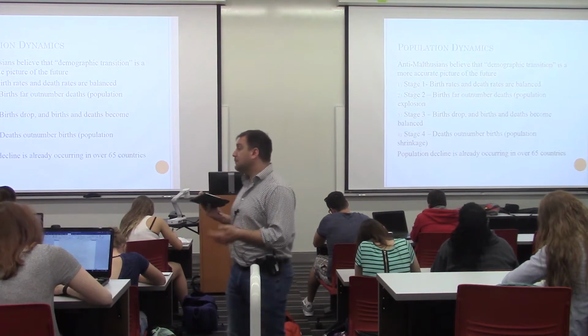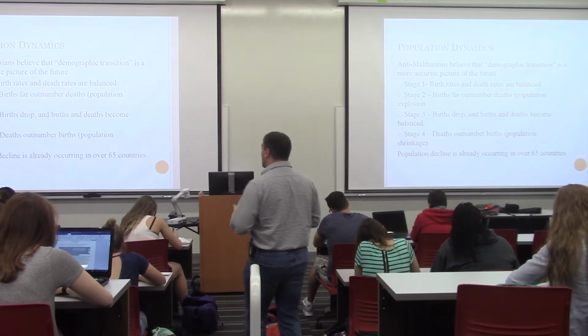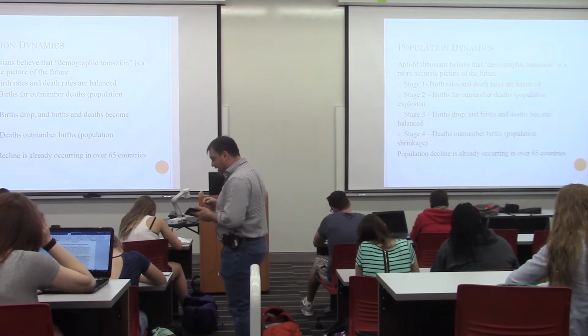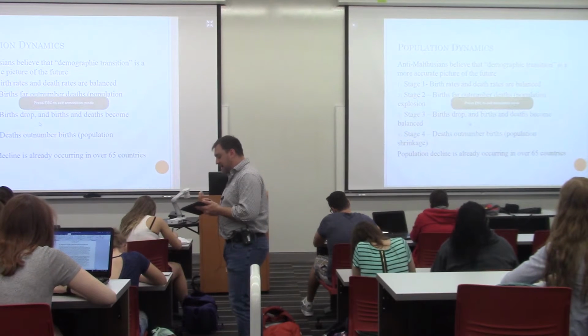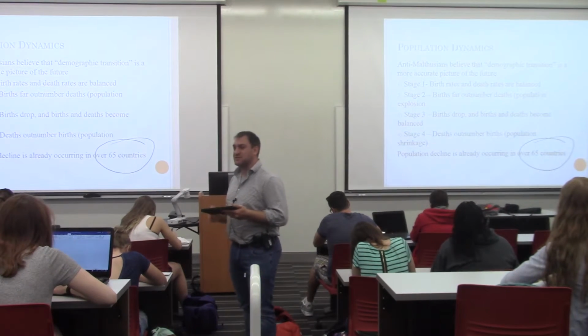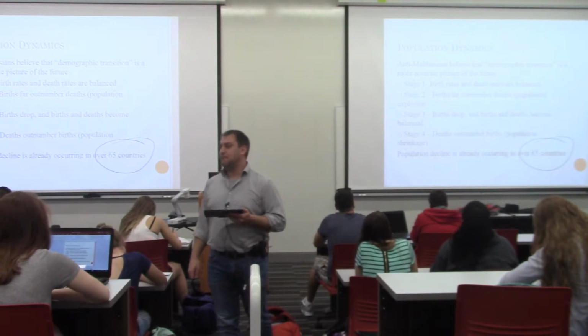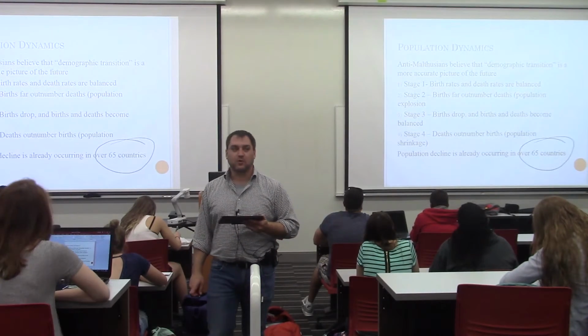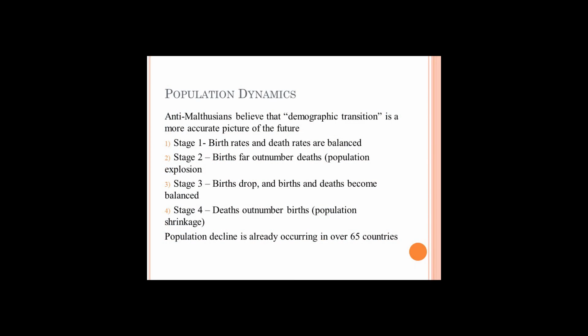So if we look at industrialized nations in the world, out of 200 nations, 65 of the most industrialized countries are actually shrinking in population rather than growing. The United States, an industrialized country, would be shrinking if it weren't for our robust migration rate.